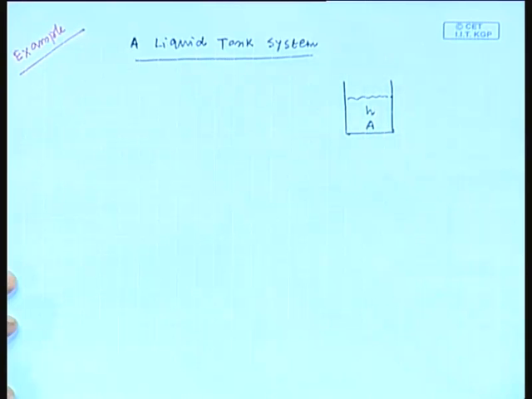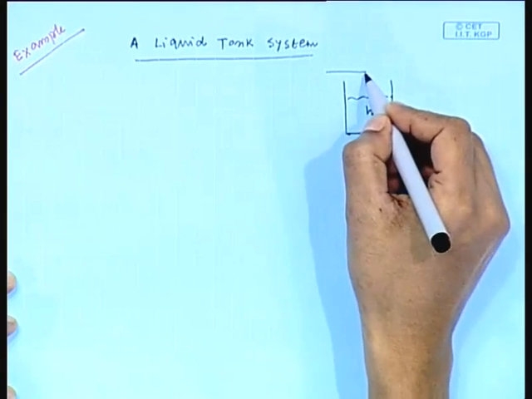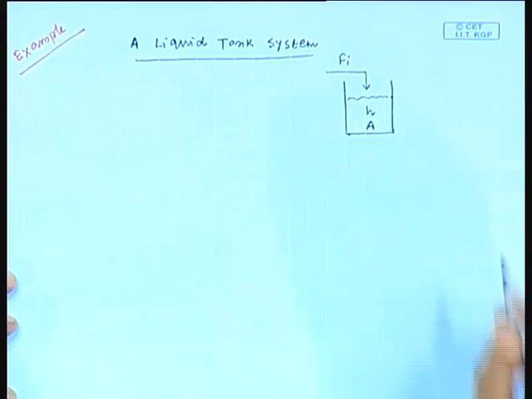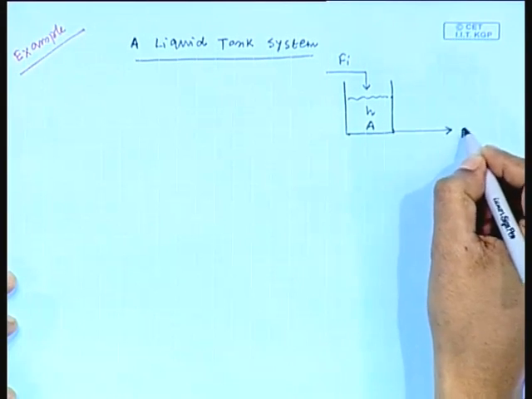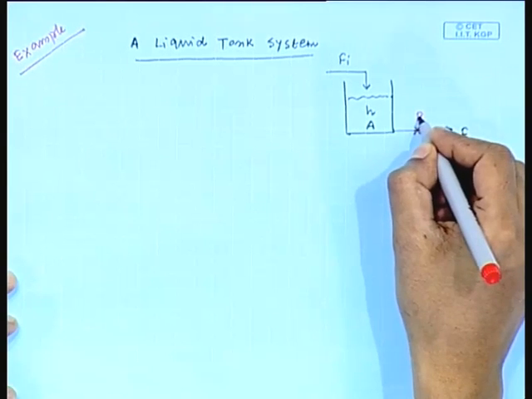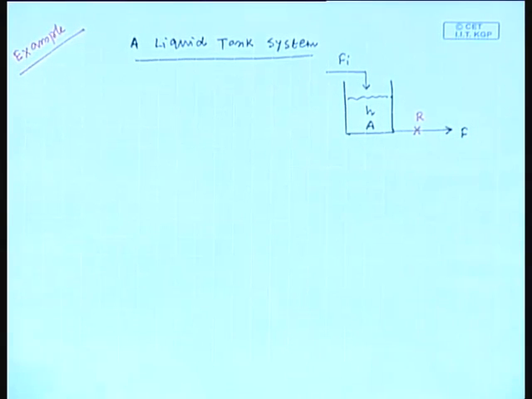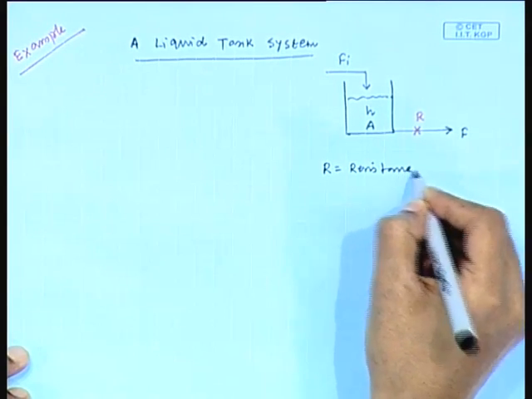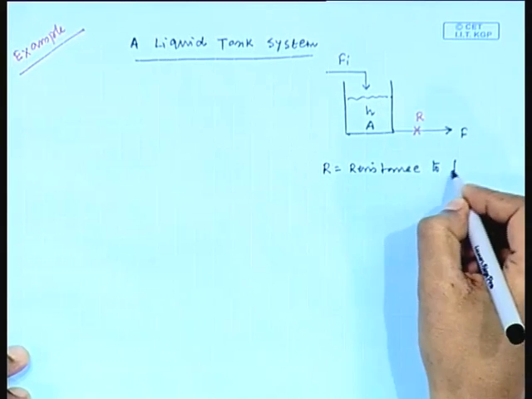Cross sectional area of the tank is suppose A. Input is entering the tank with a flow rate of Fi and output is F, and here we are considering resistance, that is R. Now, this effluent flow rate F is related to the hydrostatic pressure of the liquid height h through resistance R. Here R is the resistance to flow.